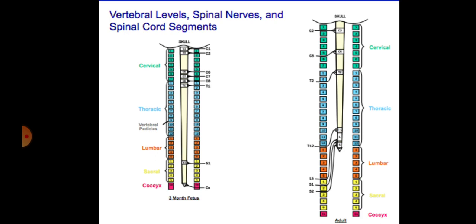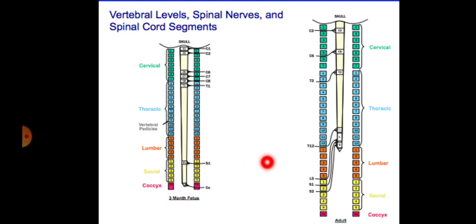It means cervical vertebrae correspond to the cervical part of the spinal cord, thoracic vertebrae to the thoracic part, lumbar vertebrae to the lumbar part, sacral to the sacral part, and coccyx vertebrae to the coccyx part of the spinal cord. They are situated respectively.